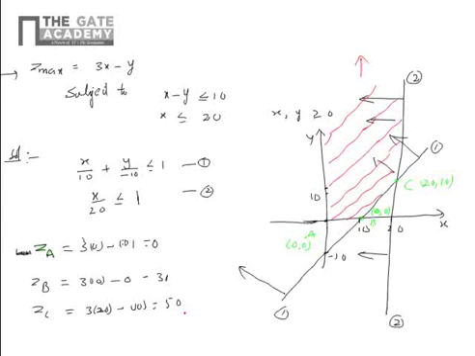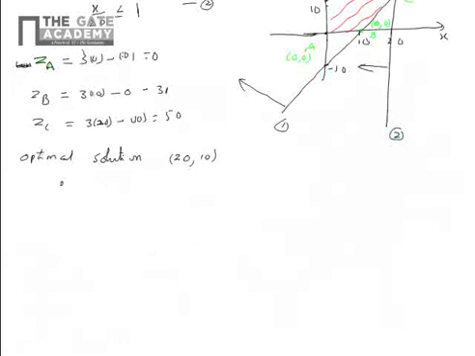So if you look at the line which satisfies, if you go towards infinity, the y value increases, and as y increases, your objective function decreases. So the optimal solution is 20 comma 10. The optimum value is 50.